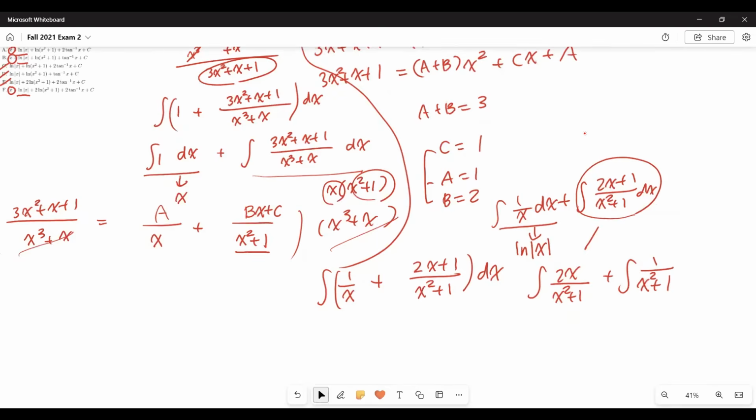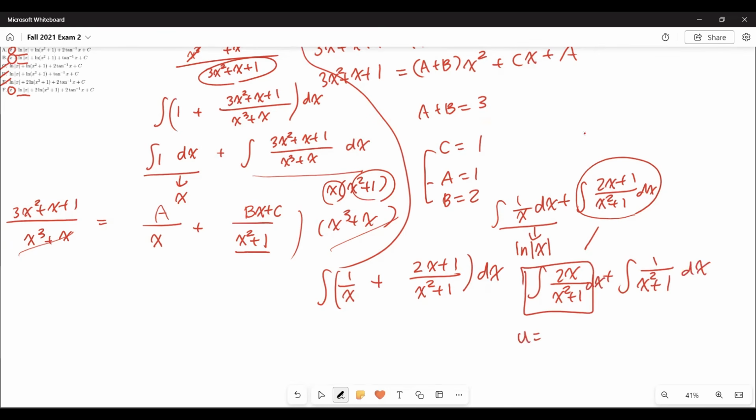So this becomes 2x over (x squared plus 1), and as I mentioned before, we're going to use u substitution for this. I forgot dx on both sides, sorry. So u is equal to x squared plus 1, du is equal to 2x dx, so this just becomes du over u. And then if you remember, 1 over (x squared plus 1) is just the derivative of inverse tangent x.